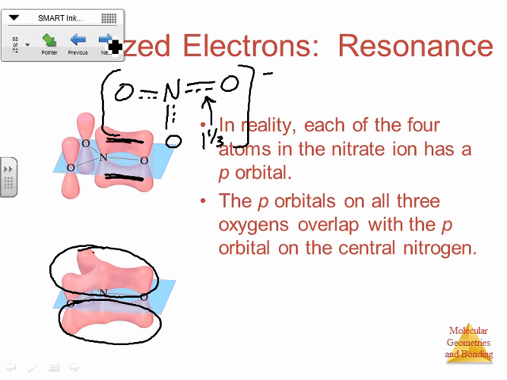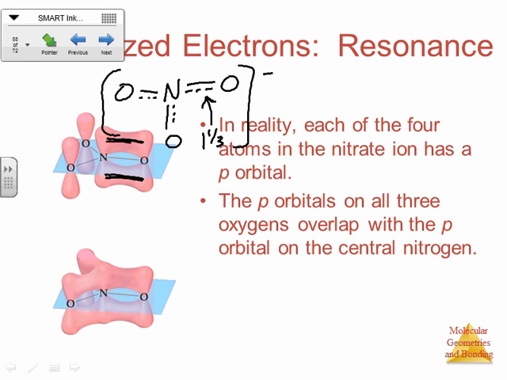Because the electrons spend about 1/3 of their time here, about 1/3 of their time here and 1/3 of their time here. I say here, but they could be in the lower lobes as well, okay? And so, I feel like I'm just circling stuff here. I hope this is making sense.